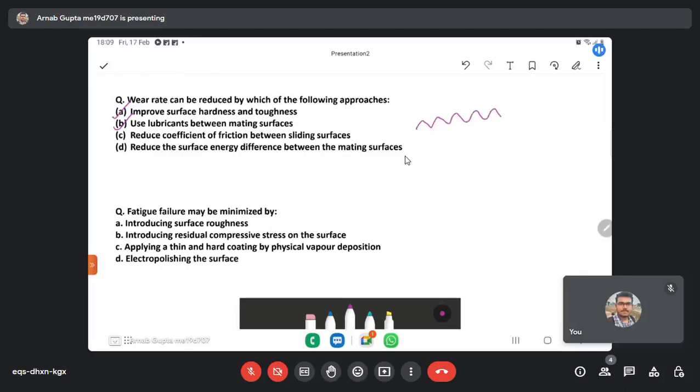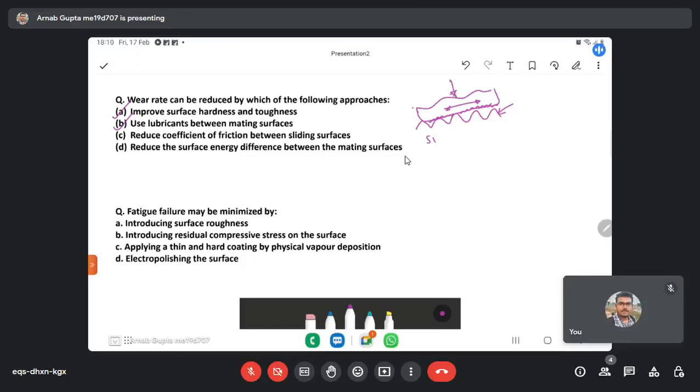Suppose this is surface 1, and you have another surface, say, like this, which is having micro asperities, but these textures are at mesoscale. I mean, it's not at micro scale, it's larger than that. So when this top surface is sliding over this textured surface, as you can see, the contact is obviously under the action of a normal load.